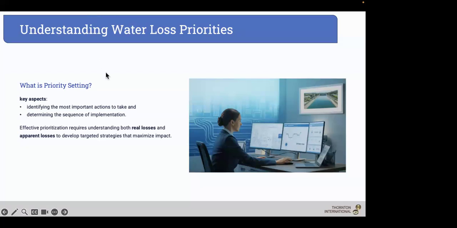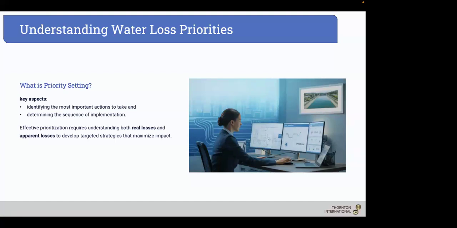Yes. So what is priority setting? It's really important to understand and identify key aspects here: identify the most important actions to take and determine the sequence of implementation. This approach ensures that the resources are correctly allocated to address the most critical water loss issues first.